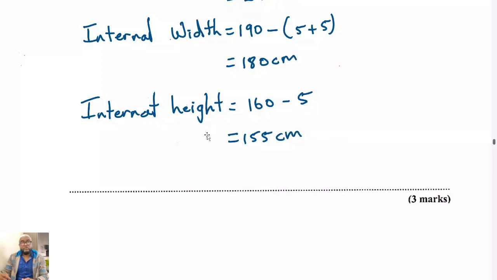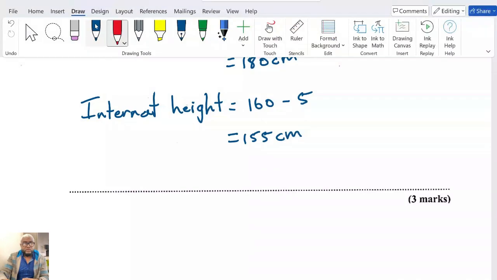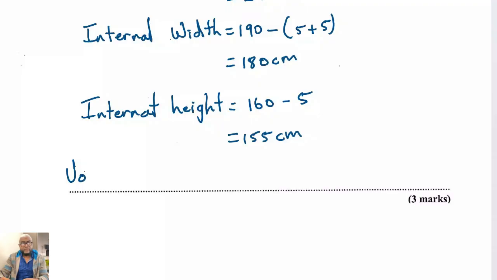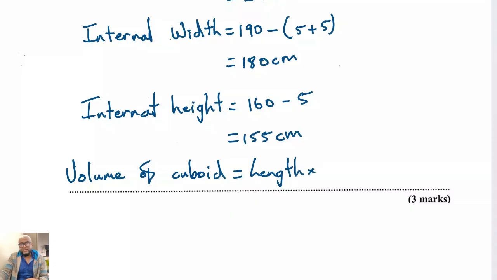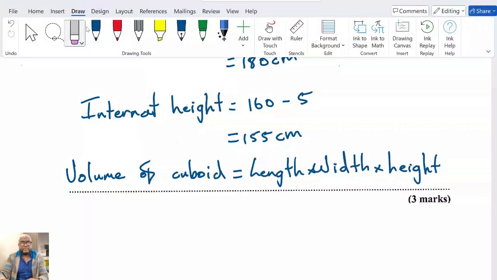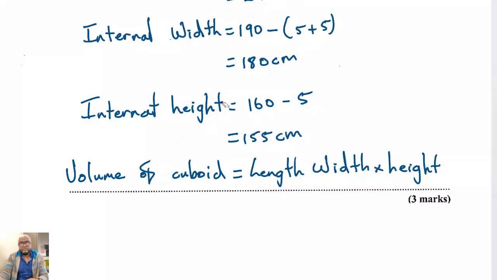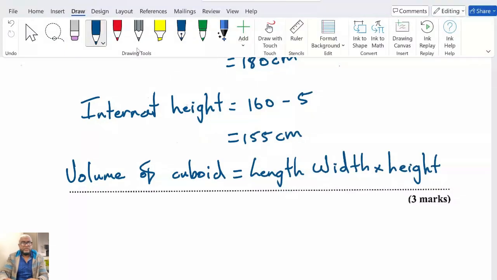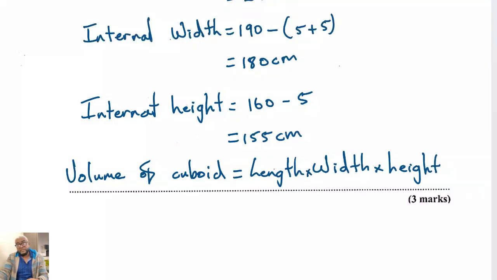Right? So let me multiply it now. What is the volume of a cuboid? Volume of cuboid, length by width by height. Excellent. Now, very important point to note here.